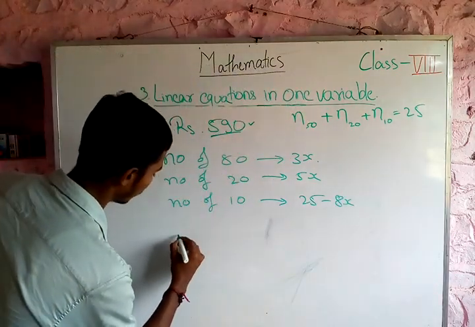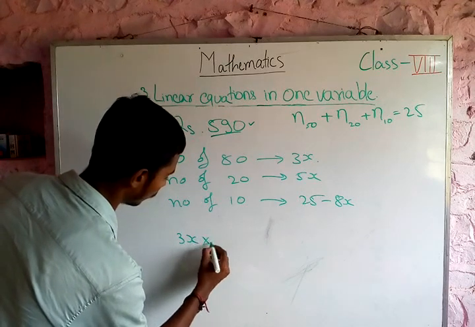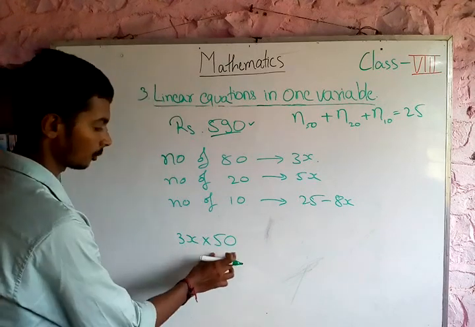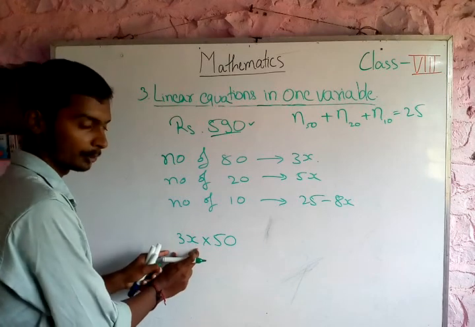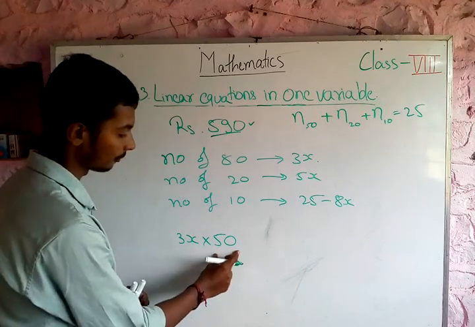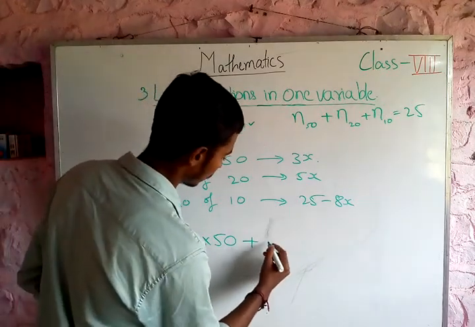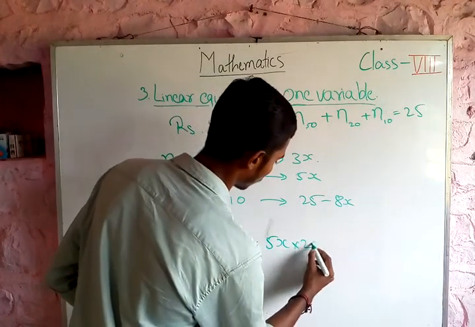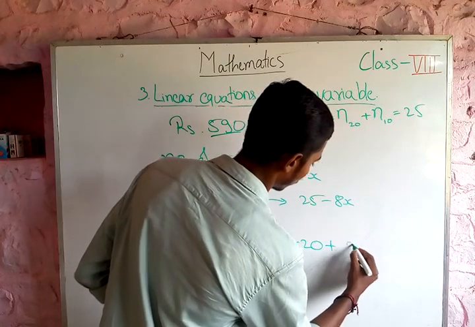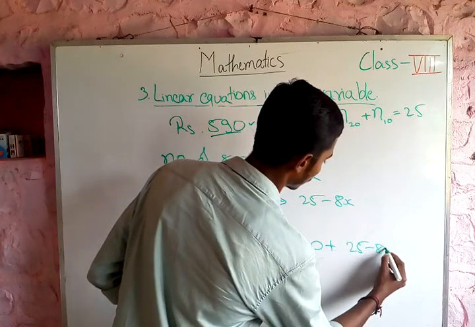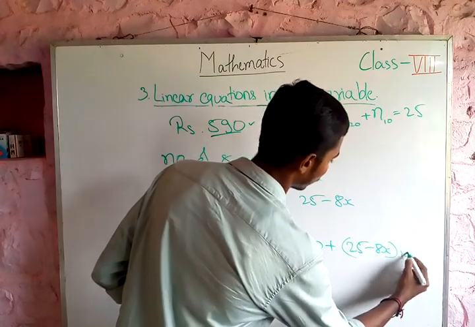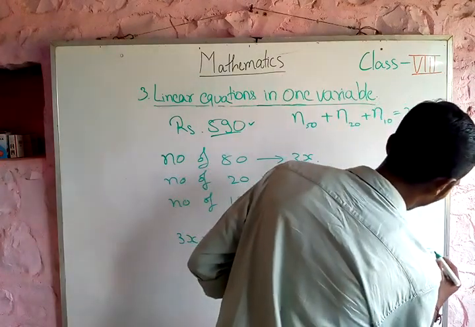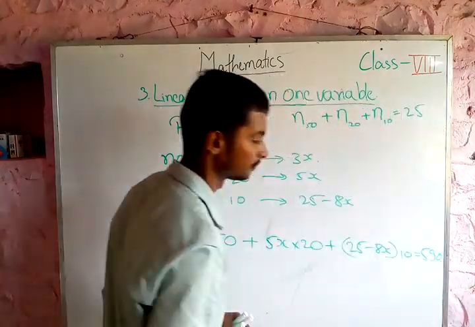So 3x into 50 rupees. 3x into 50 means the 50 rupee notes. The number of 50 rupee notes into 50, plus the number of 20 rupee notes into 20, plus the number of 10 rupee notes into 10, is equal to 590.